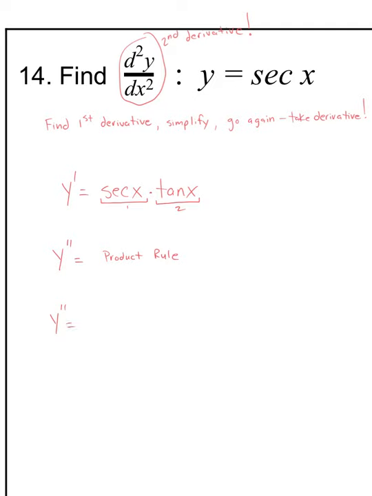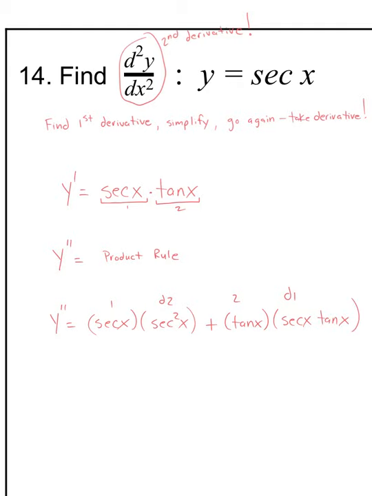The first function as is, the secant of x. Now we need the derivative of the second. The derivative of the tangent is secant squared of x. All right, then we come back with the second function as is, the tangent of x, and we multiply it by the derivative of the first function, which is secant x tangent of x.